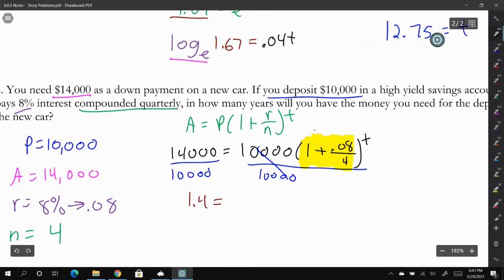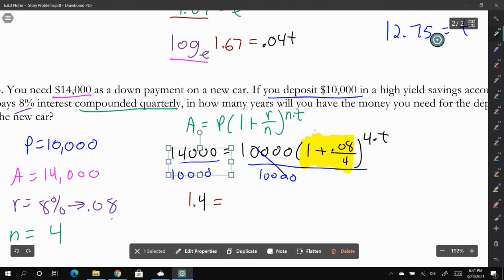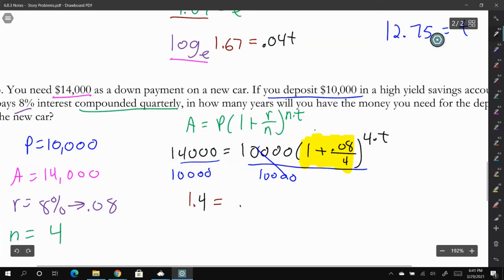Oops, I forgot, this should be times nt, which would make this 4 times t. So 1.4 equals 1.02 raised to the 4t power.